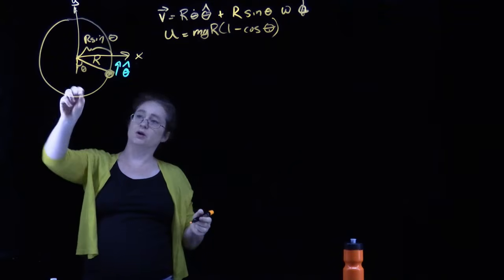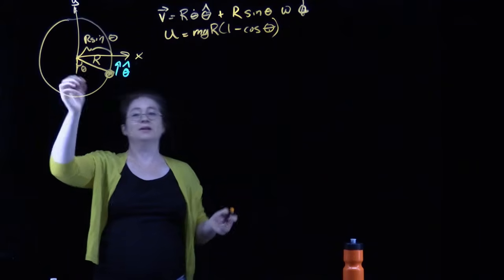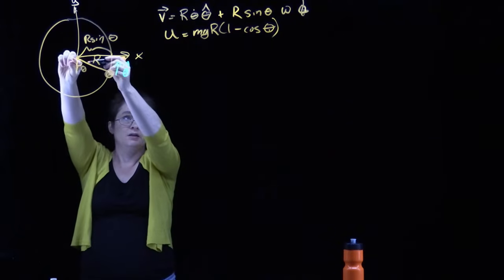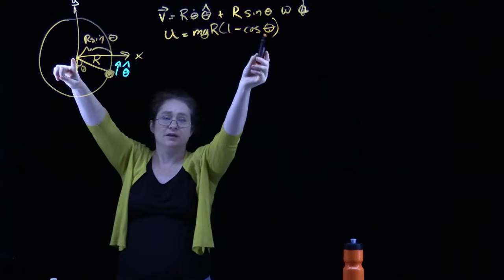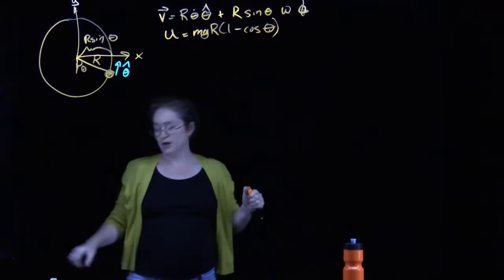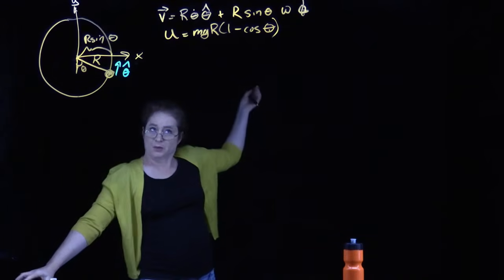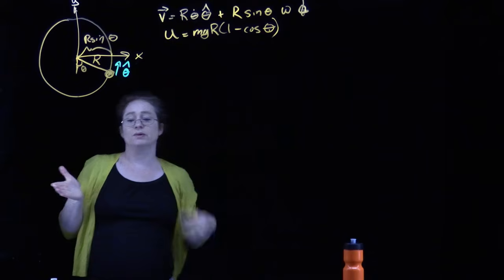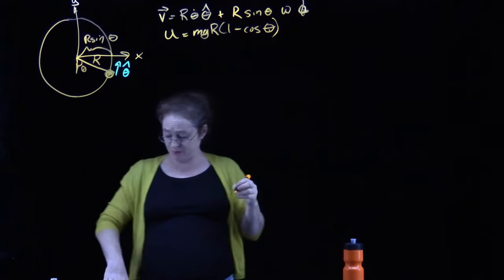If we put the 0 of the potential there, then you actually could just as well have put the 0 there, and then the potential would be mgr times negative cosine of theta, because you're looking at how far it is below the x-axis. We are following the book, but at any rate, this term is a constant, so when we take the derivatives for the Lagrangian, it's going to cancel out.